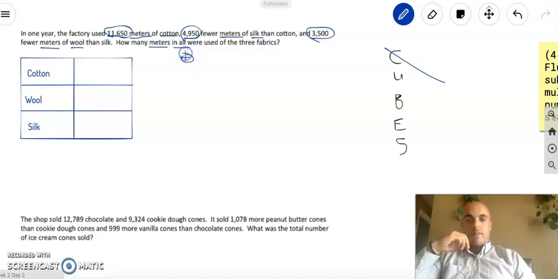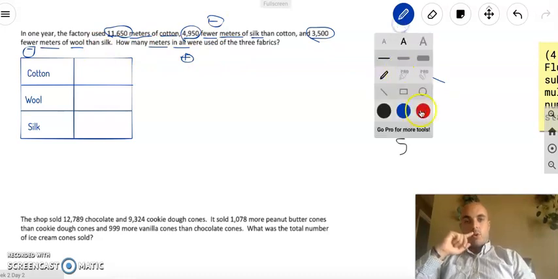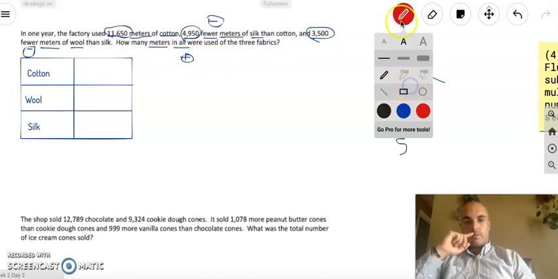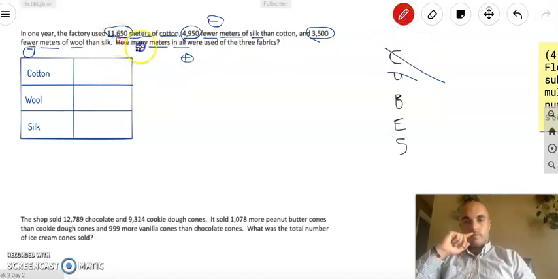Doesn't mean we're adding right off the bat though, because we also have the word fewer. We're going to be subtracting at one point, and then another fewer, which means we're going to be subtracting at another point as well. So it looks like we're subtracting twice and then adding everything up at the end. Next, I'm going to box what is being asked of us to solve. Like so.